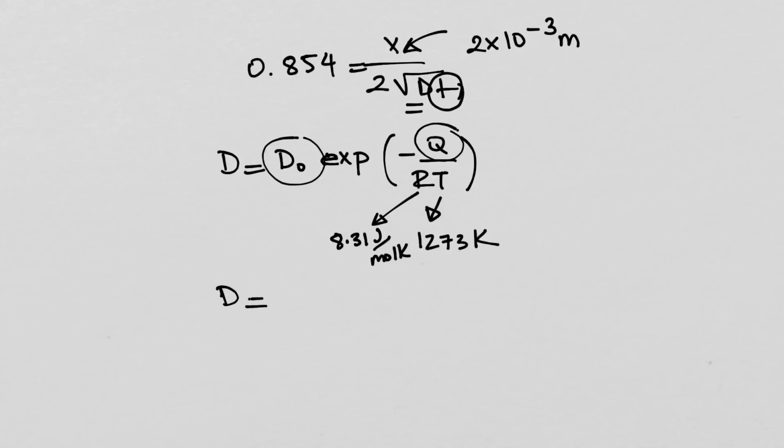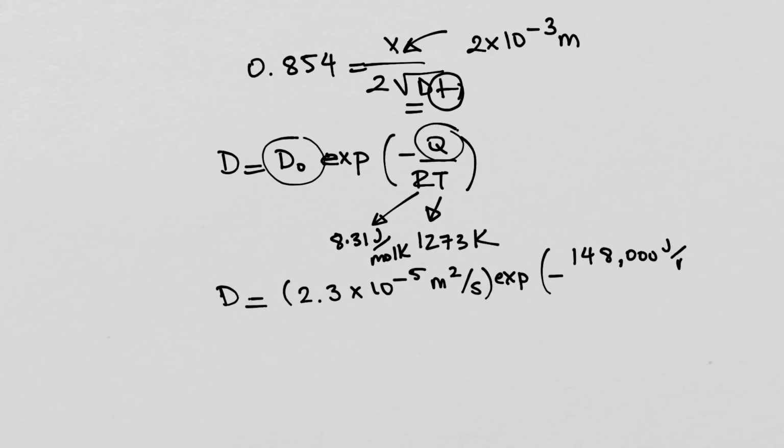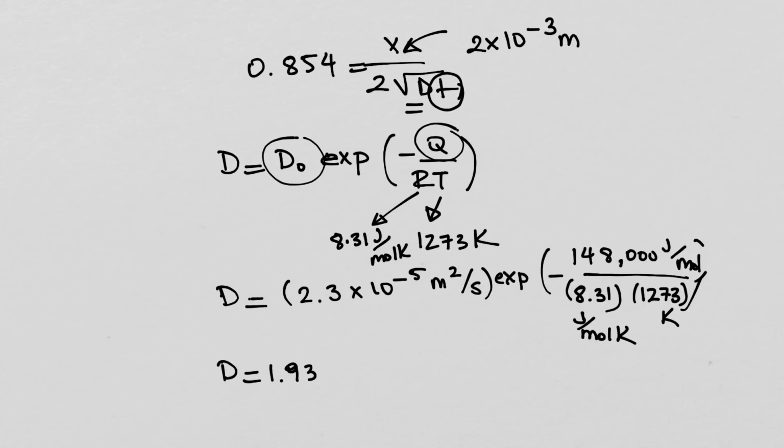D is equal to D naught, which you read from the table, in units of meters squared per second, times the exponential term, where you read the activation energy to be 148,000 joule per mole, over 8.31 times 1273 Kelvin. This is Kelvin, this is joule per mole Kelvin. So you calculate the diffusion coefficient to be this.